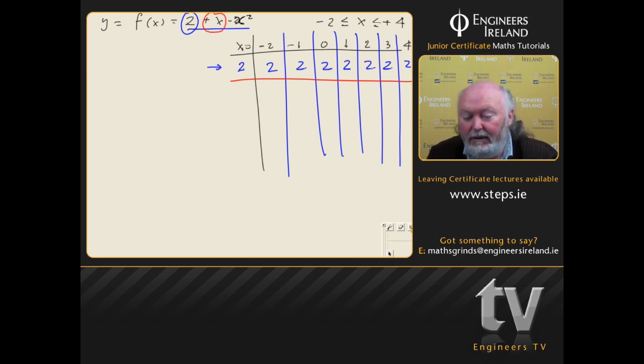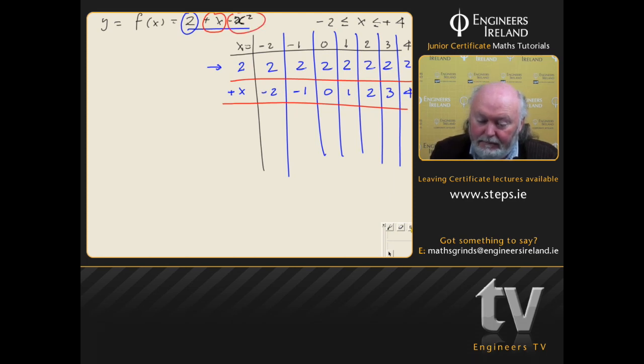So you're just going to add the x values now. So that's plus x. And now we're going to look at the last bit. So x. Here it's minus 2.